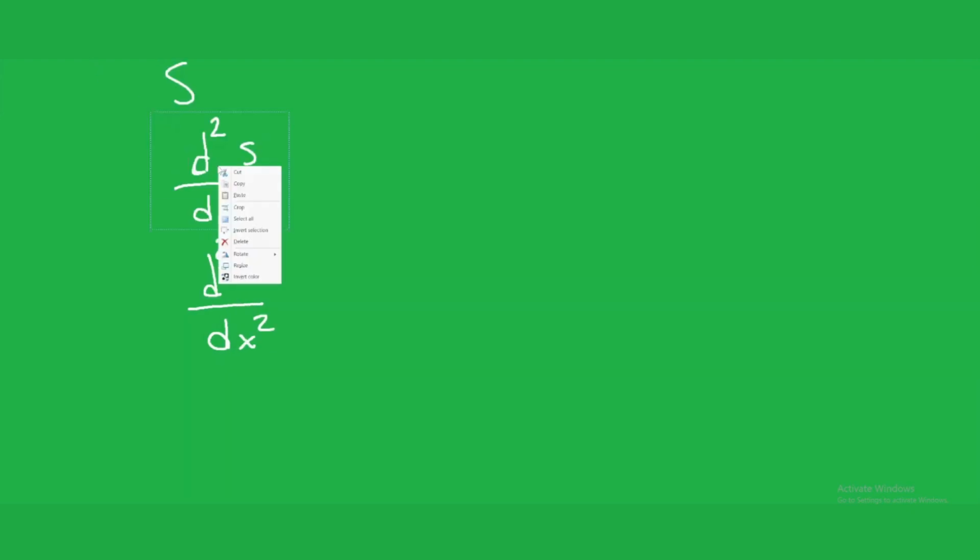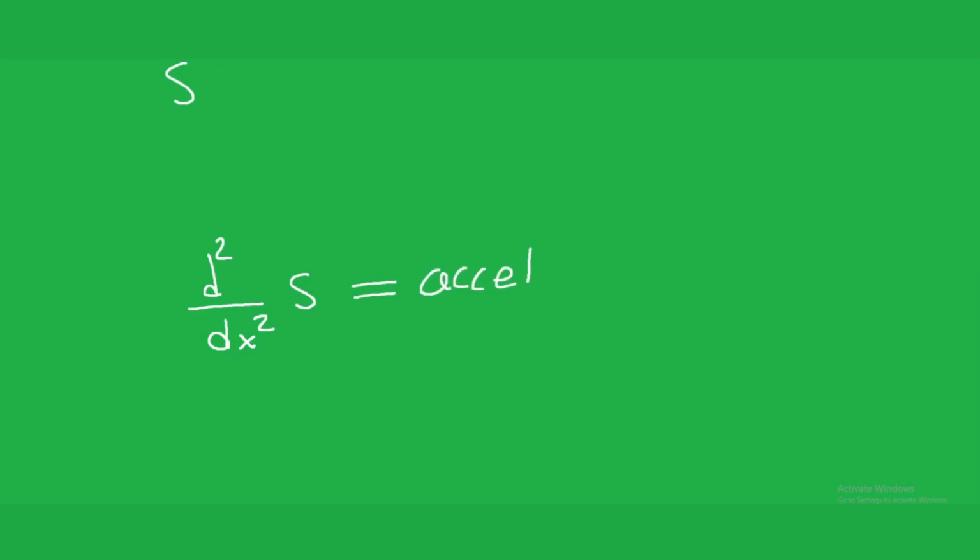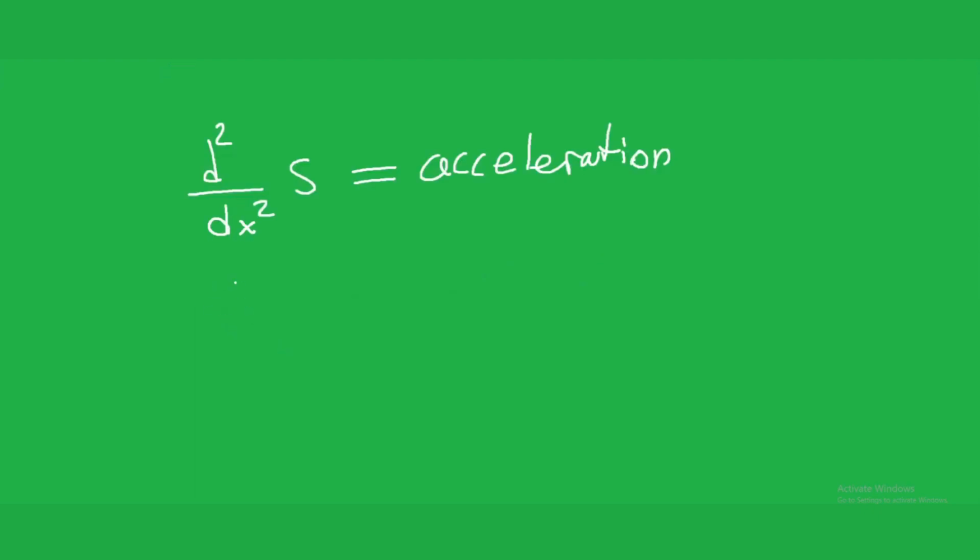Okay. So if I want to figure this out, this is equal to acceleration, the derivative of velocity, right? Remember, this is the derivative of a derivative. So the derivative of s was velocity, and the derivative of that, which is our second derivative, is equal to acceleration.